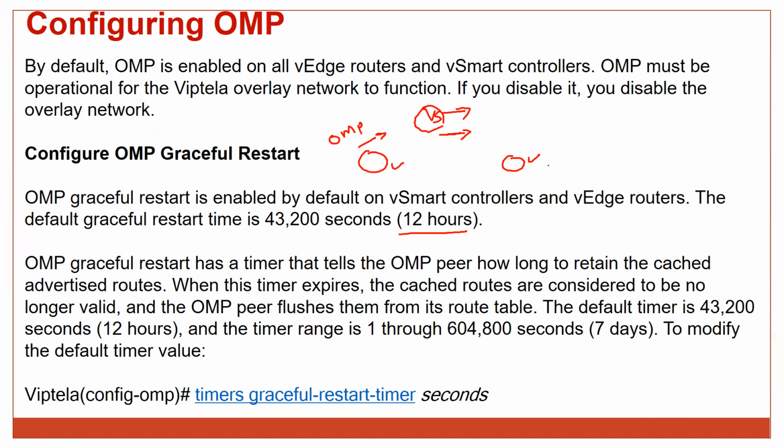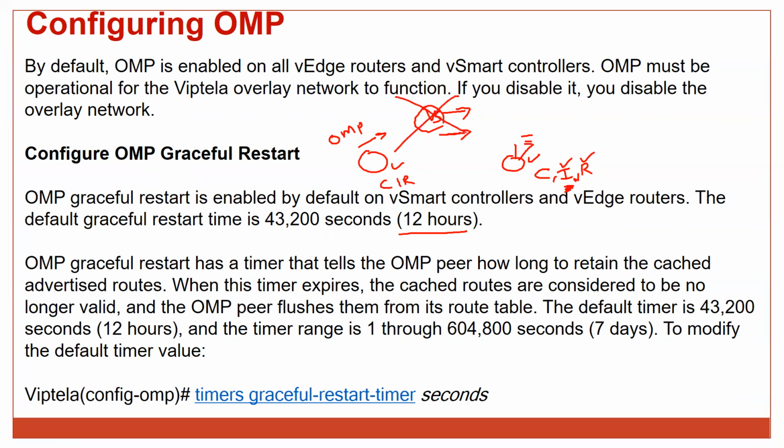Now these devices will show you a status C, I, R. I is for installed, meaning it is a route which is installed inside the routing table. That means that inside the routing table of all these devices, you can see the route received from vSmart and it is installed.